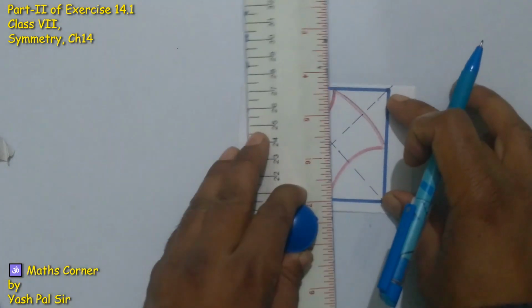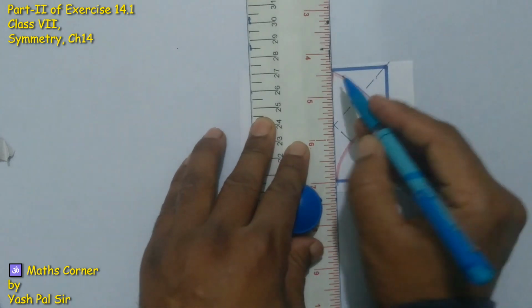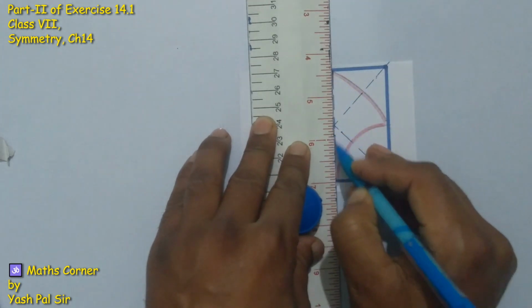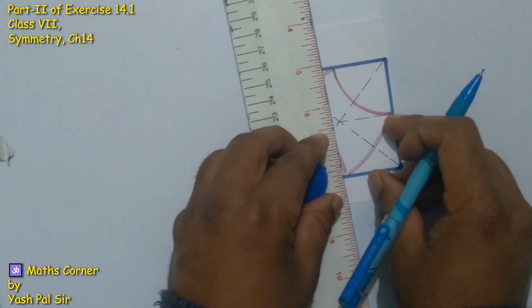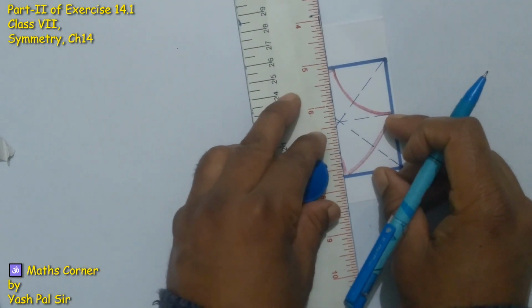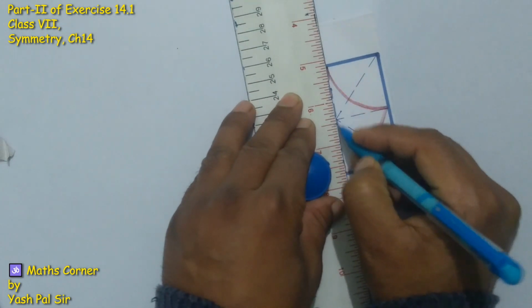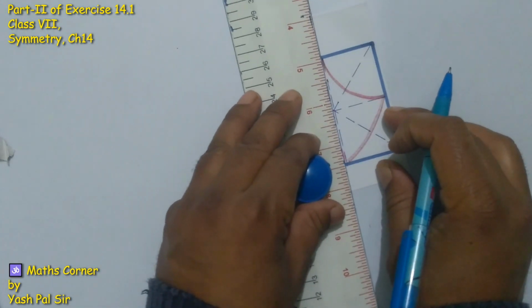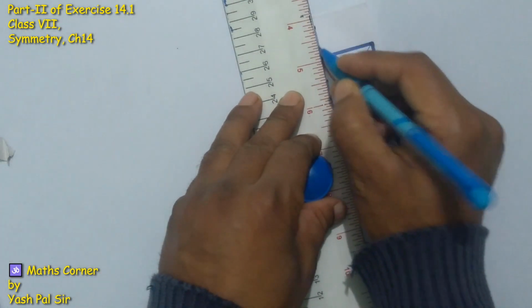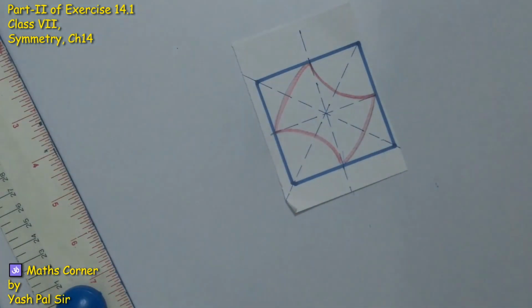Now even if we join the midpoints of the square, then we shall have the same figure. Even here also we join the midpoints. So what we see, total number of lines of symmetry, how many are they? They are four lines of symmetry in this figure.